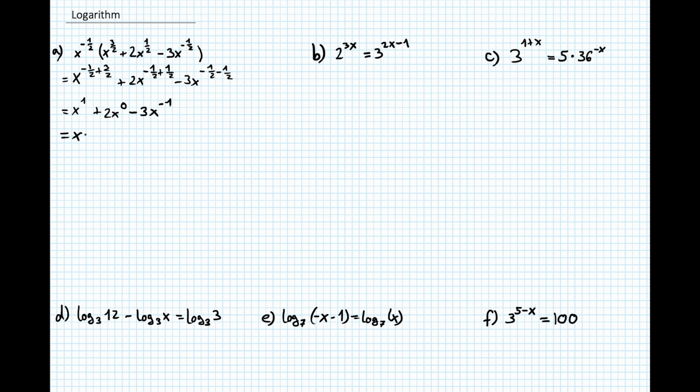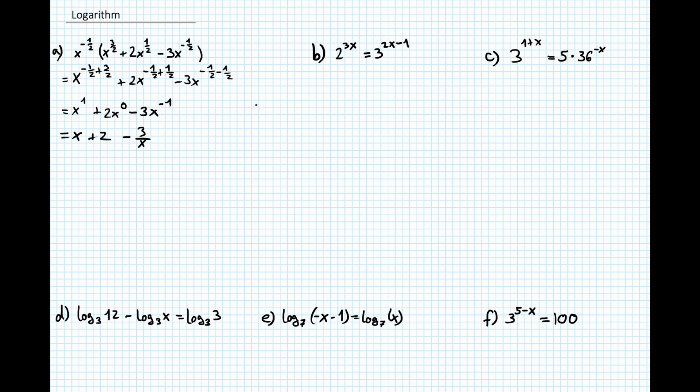So this whole expression will be x plus 2, and then x to the negative 1. x to the negative 1 will just be 1 over x. Alright, and that's your final simplified expression. Let's move to the next one.